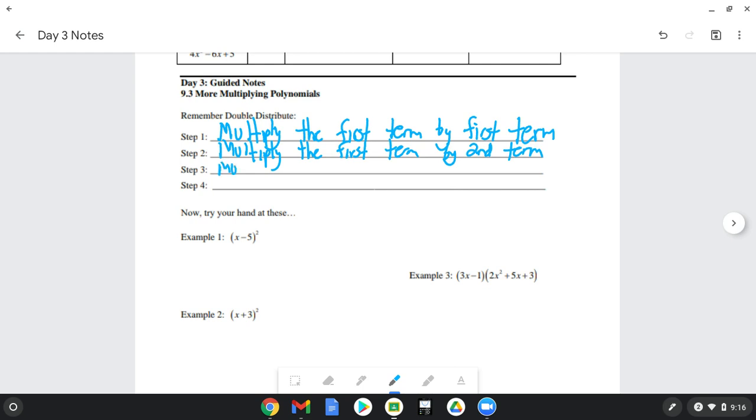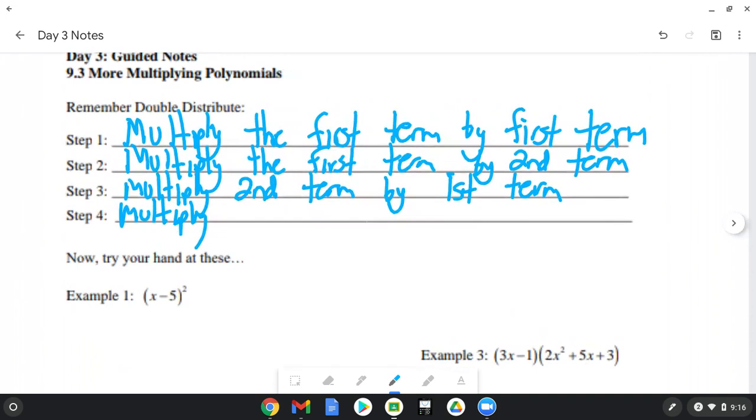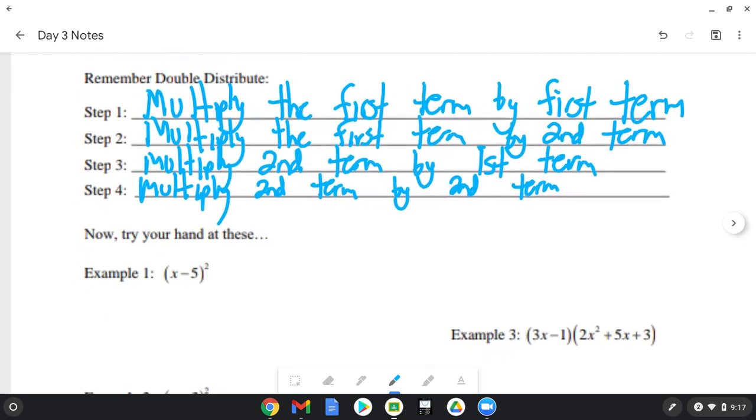And then my next step would be to multiply the second term by the first term. And then last, we're going to multiply the second term by the second term. And that will multiply all four things.